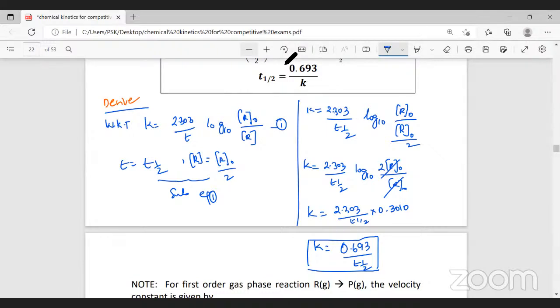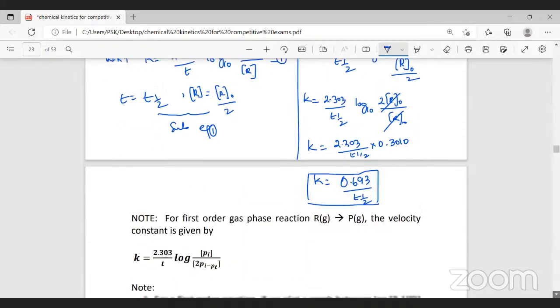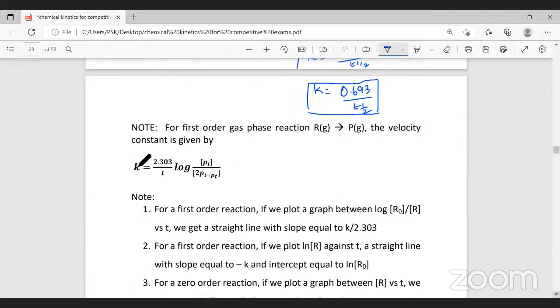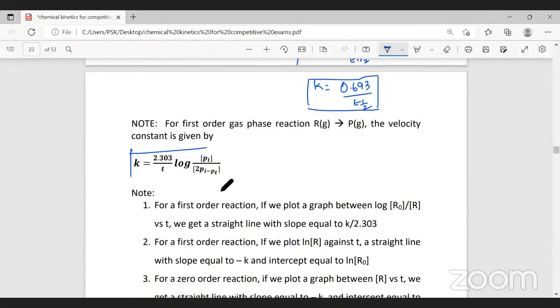Okay. The next derivation is to derive the first order reaction rate constant in the gaseous phase: K is equal to 2.303 by T log of Pi divided by 2 Pi minus Pt. This is in gaseous state. The earlier derivation we have done was in solution state, where we use concentration.